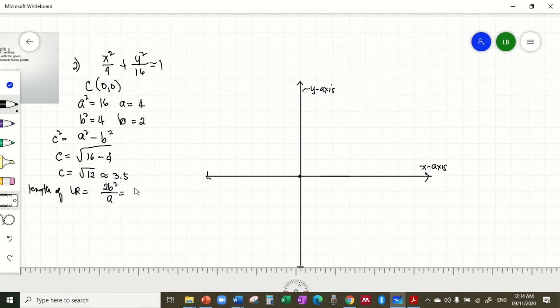So, we have 2 times 4 all over a. And our a is 4. So, we have 2. So, the length of our latus rectum is 2. So, let us graph.